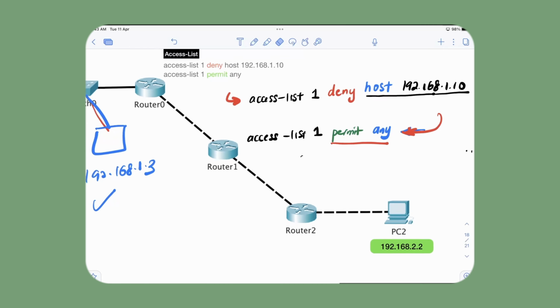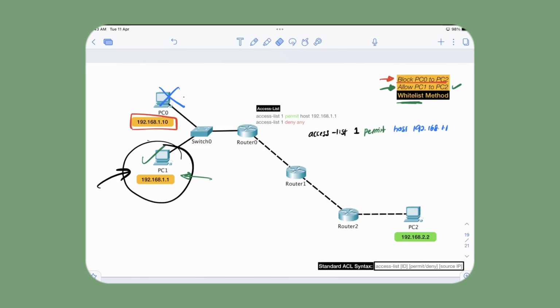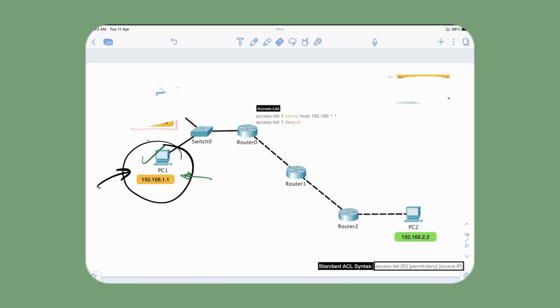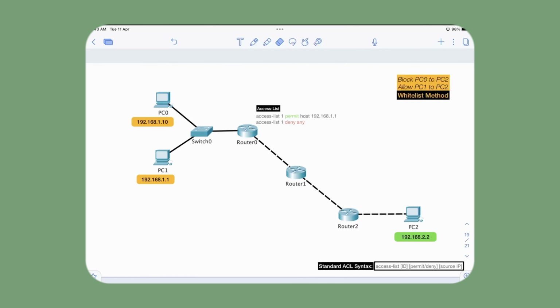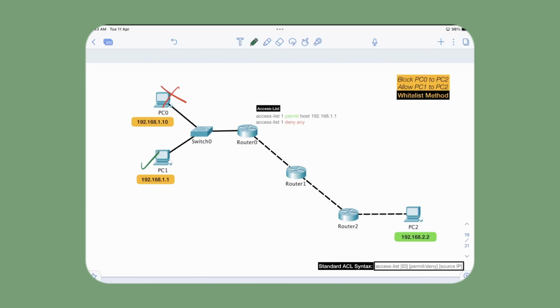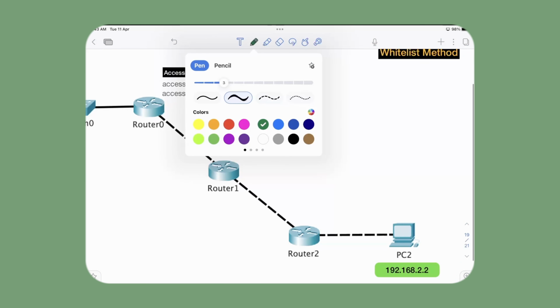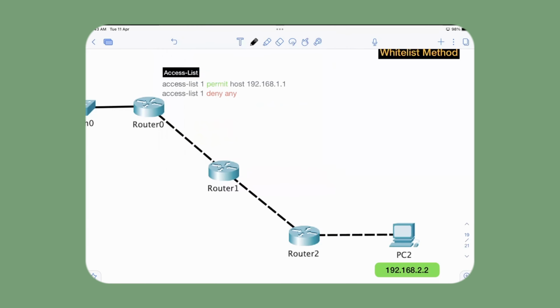Okay. Now what you see here is the blacklist approach. Let's look at if we can do this with whitelist, or maybe it's even faster or better. The same situation here, but we want to block PC0 and then we allow PC1. Now in the whitelist approach, we have to first decide who I want to allow, because any IP address that is in the whitelist will later be allowed.